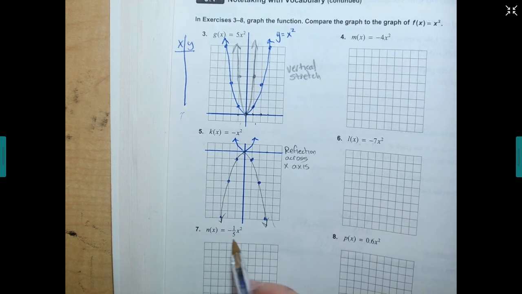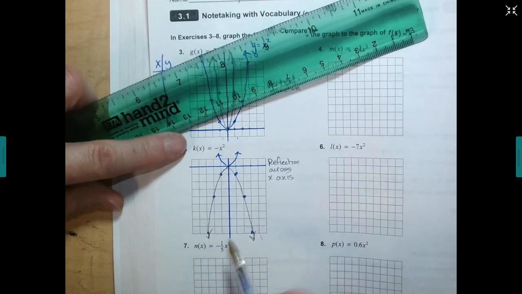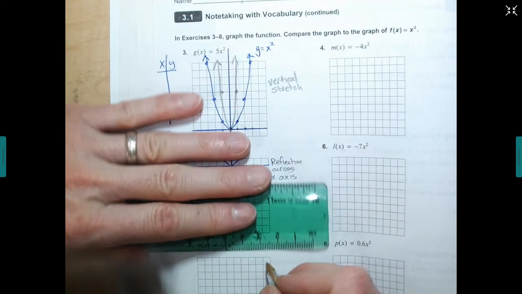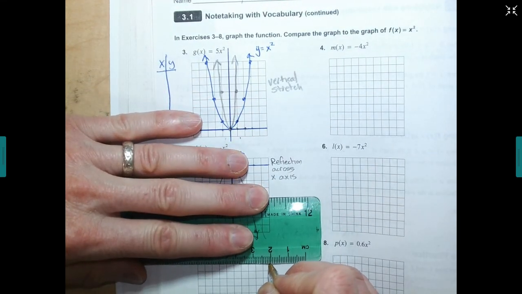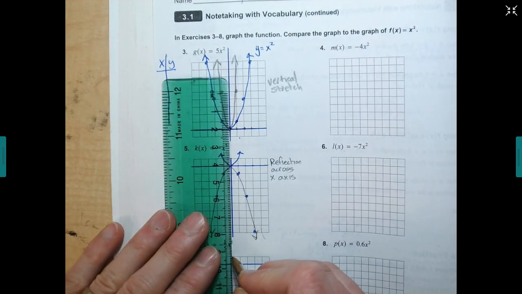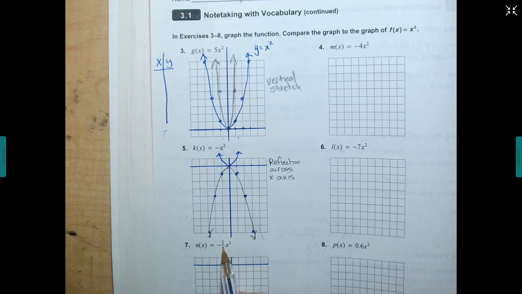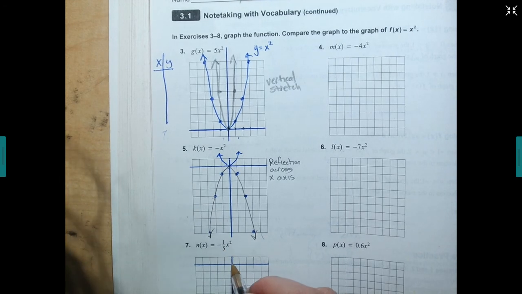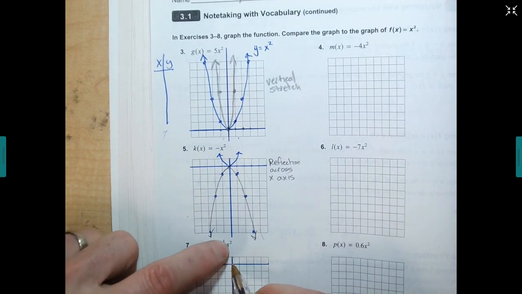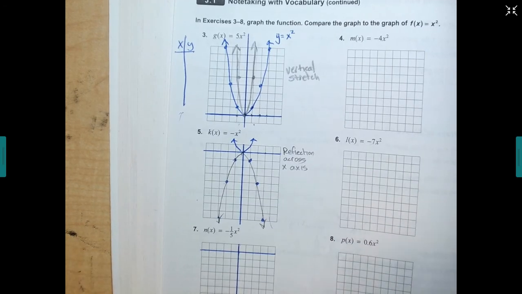Oh, a fraction. All right. Now, can we do a fraction in our head? Well, the first thing I see is a negative. Since it's a negative, I'm going to go ahead and draw that line. And now I have -1/5 x squared. So 0. 0 squared is 0 times -1/5, still 0.